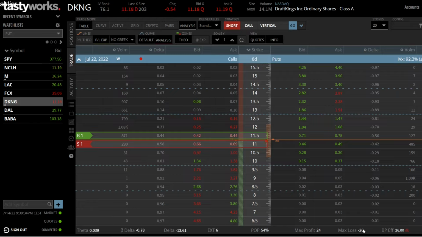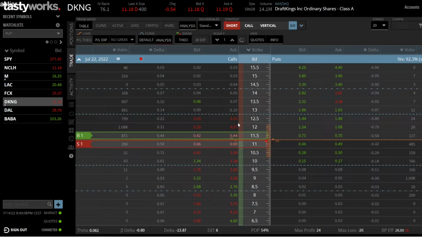Okay, it just changed. But this is how I like to always trade, around the at-the-money price, the price right now. That doesn't mean you couldn't close both of these trades before it reaches minus 26. You don't have to wait until the expiration day to close a position, and that's perfectly all right.